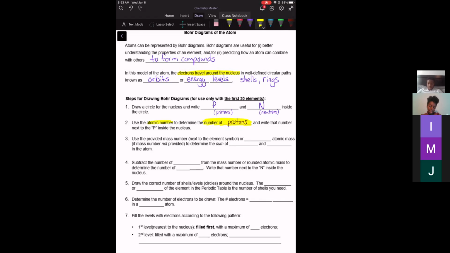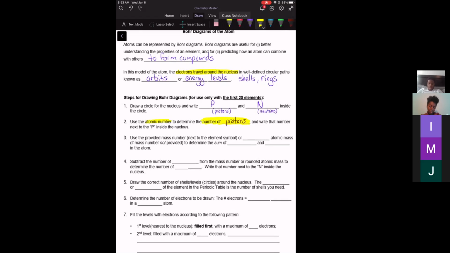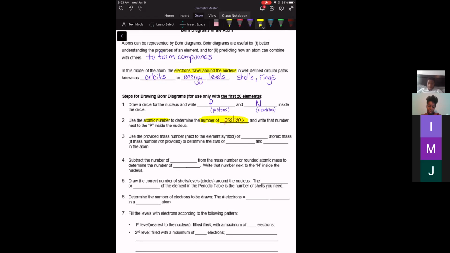Then it says use the provided mass number. So on step number 3, use the provided mass number next to the element symbol, or the rounded atomic mass if the mass number is not provided, to determine the sum of protons and neutrons.